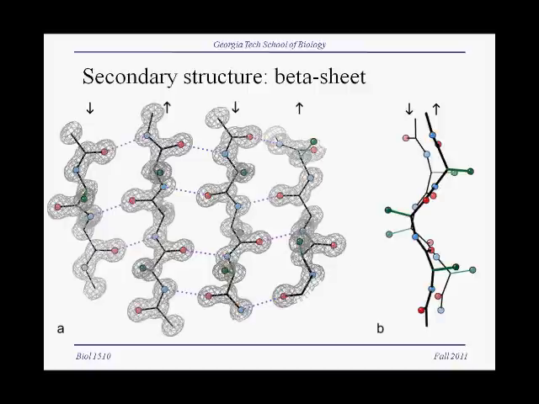Beta sheets also involve hydrogen bonds, also between atoms in the peptide backbone. So this zigzag line is the peptide backbone. These are nitrogens.